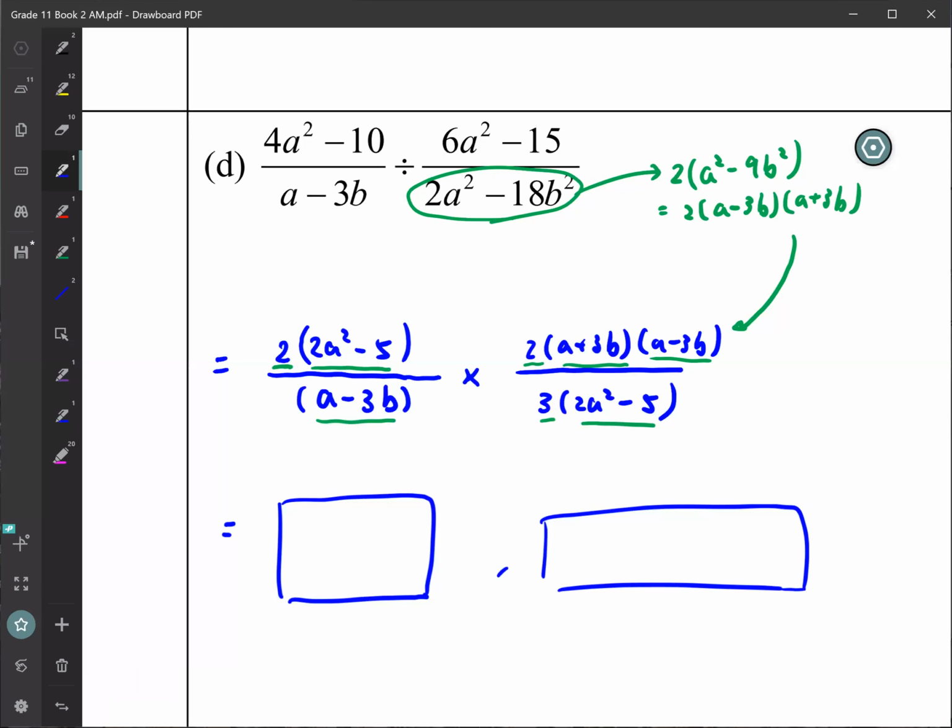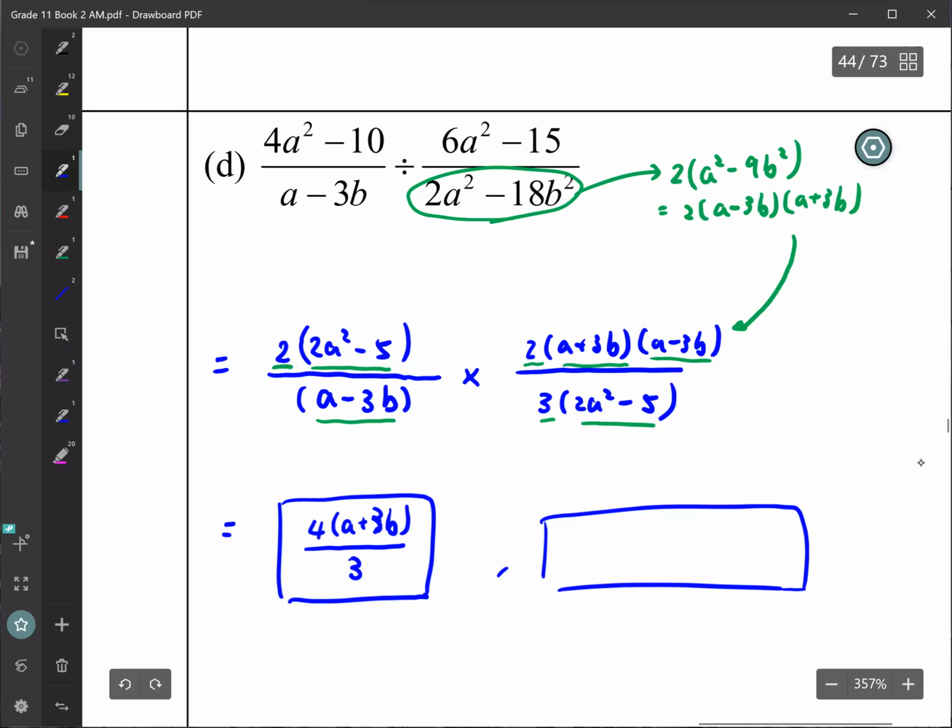Okay, Eric, what do you have for your reduced fraction? I have 4 times a plus 3b over 3. Yeah, okay, good. Nathan, do you have the same? Yes.